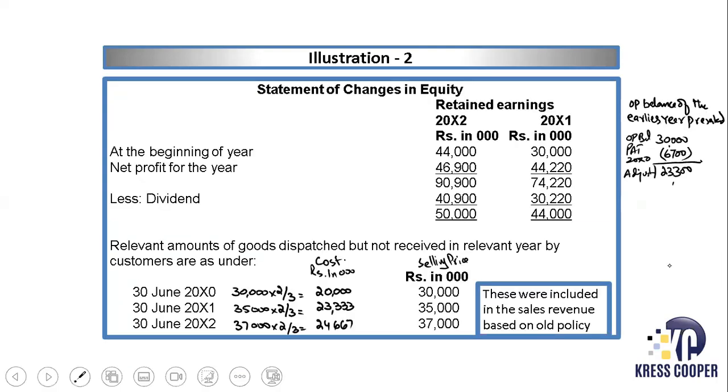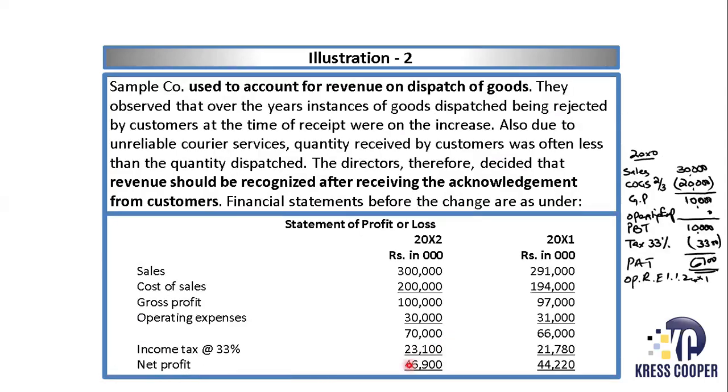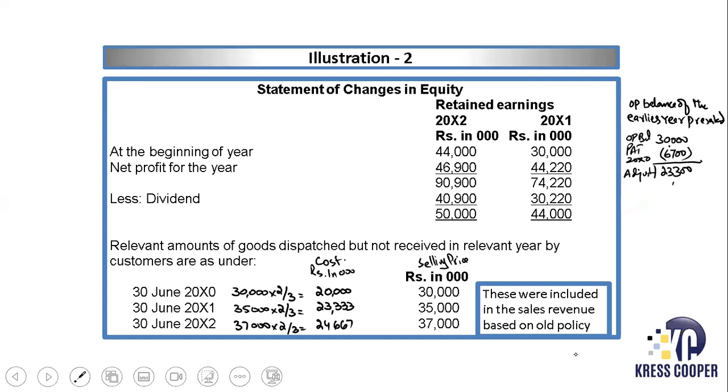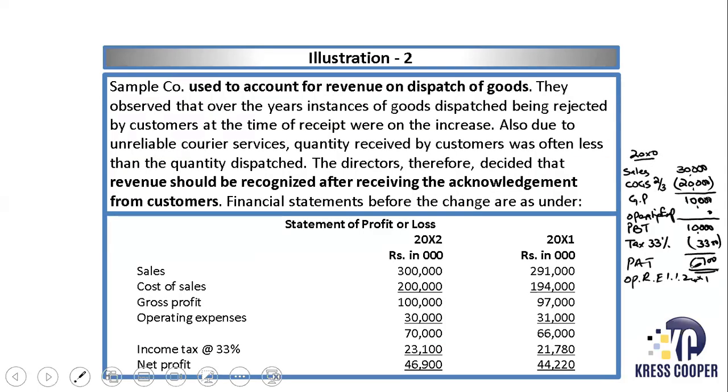Now just come up and see that this is the part of this scenario. The opening balance is provided. Okay, and the profit we took from the financial statements, 46 and 44. This is the amount of dividend paid. So this will be changed, 46 and this 44, along with the change in this 30,000. This 30,000 opening balance will be impacted with the 6,700.